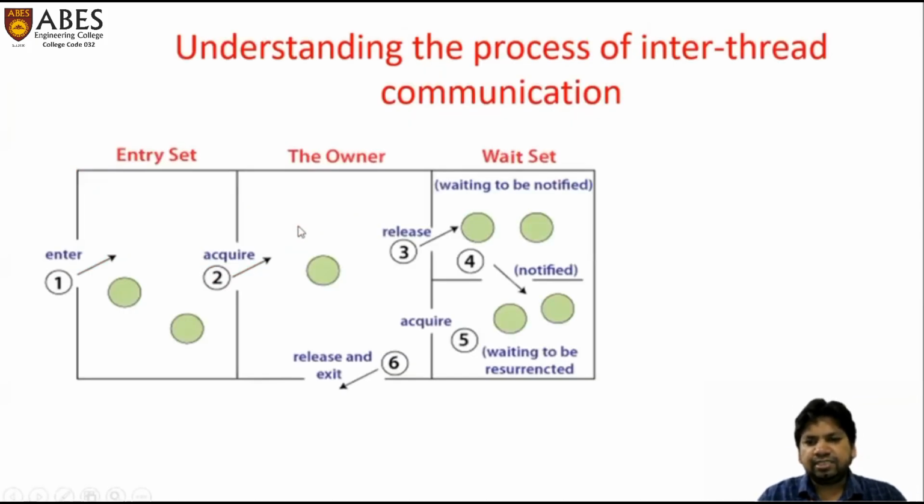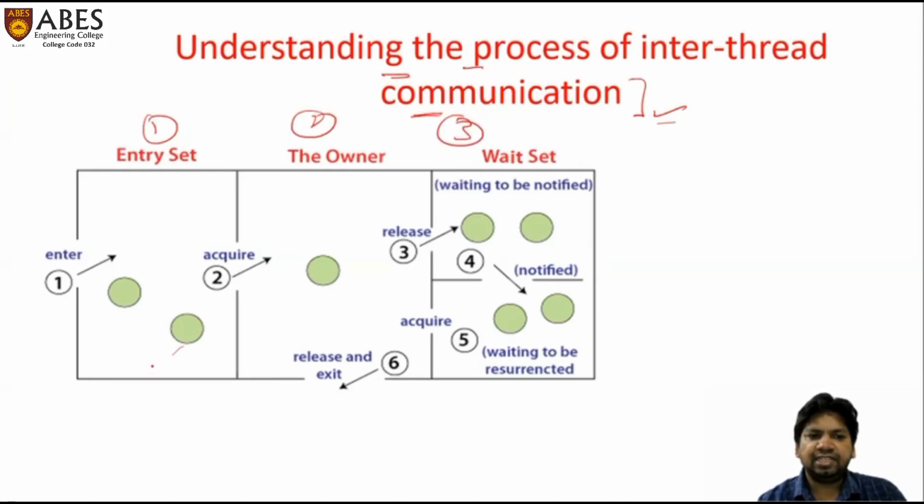You can understand all this by this picture, which shows the process of inter-thread communication and how threads communicate. In this picture, you can see there are three parts: the entry set, the owner, and the wait set. In the entry set, the starting point is enter.